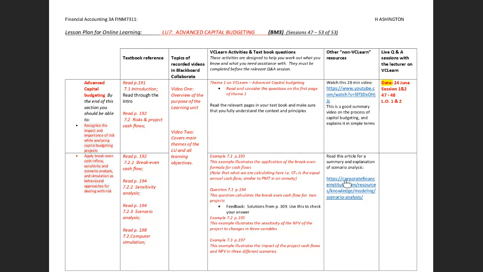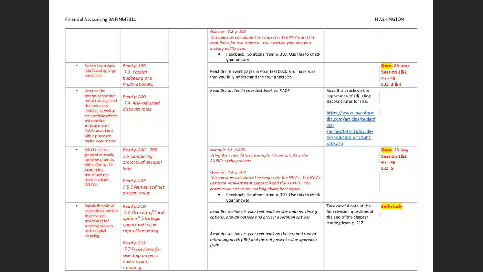And then this one over here is an article explaining scenario analysis. And then on the second page, we've got our other learning objectives, and that follows on from above. And then here are our other learning objectives, page numbers in the textbook for each one, and exercises that you can do for each of these learning objectives to practice.